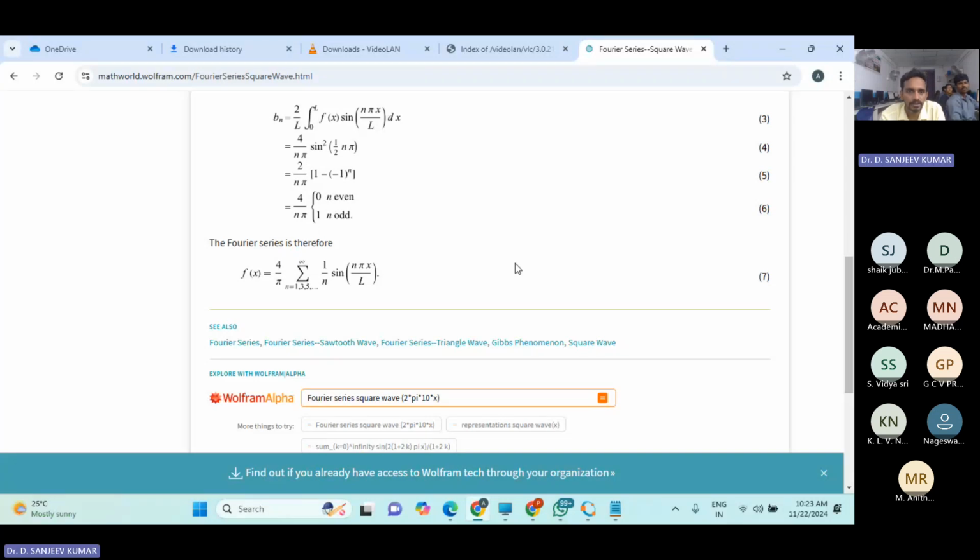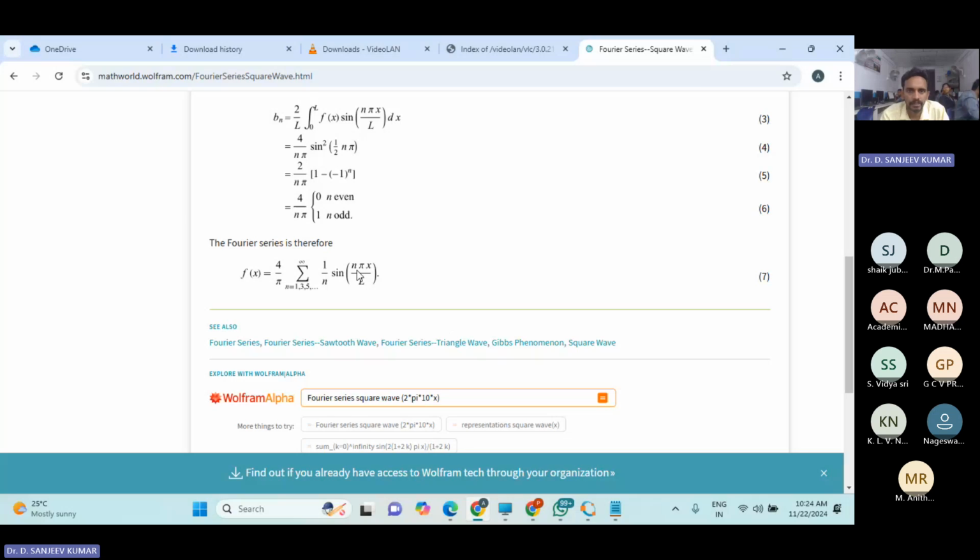Somehow we have to write this function: a sum over 1 by n sine n pi x by l. The function is f of x equal to 4 by pi times the sum over 1 by n sine n pi x by l. This is the Fourier series for a square wave, obtained by mixing sine waves with different frequencies.